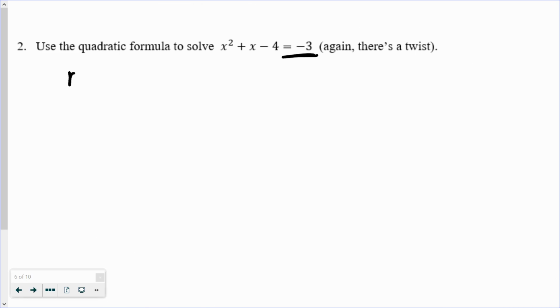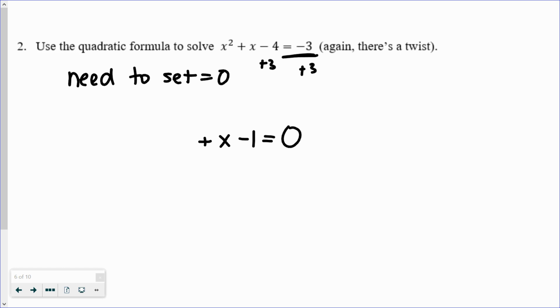So I'm going to add 3 to both sides. What I do to one side of the equation, I must do to the other. So negative 3 plus 3 is 0. Negative 4 plus 3 is negative 1. So x squared plus x minus 1 equals 0.